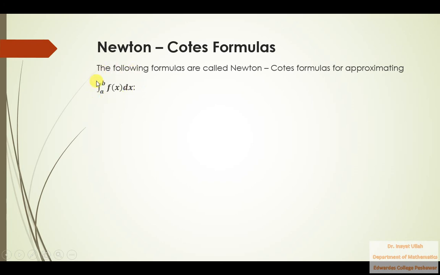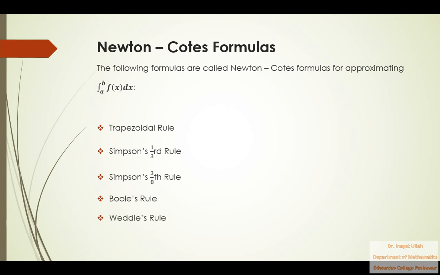The first Newton-Cotes formula is called the Trapezoidal Rule. The second one is called Simpson's 1/3 rule. The third one is Simpson's 3/8 rule. The fourth one is Boole's rule, and the last one is Weddle's rule.